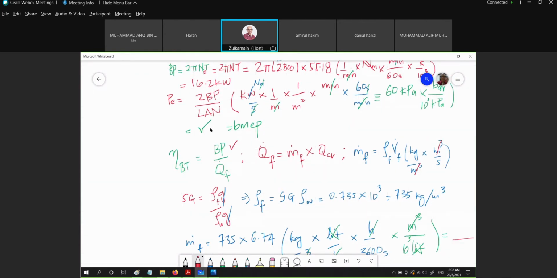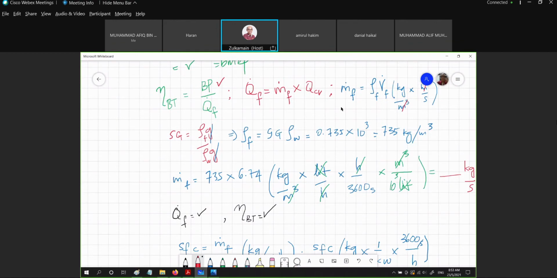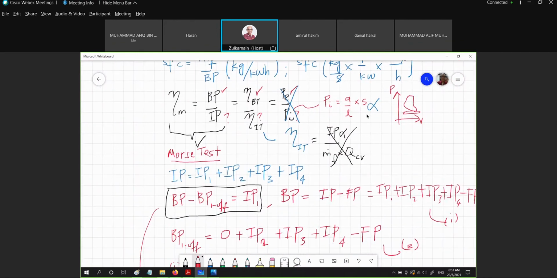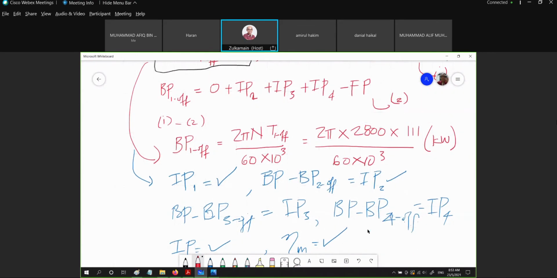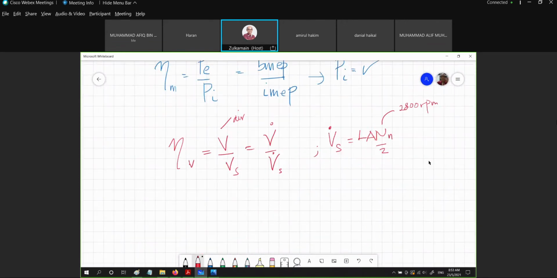Ya, bagi 2. Nampak ada 2 kan? Faktor 2 ni. Ya, saya dah tunjukkan tadi. Tengok IP ni kita ambil daripada enjin. Kita cuba dapatkan IP ni daripada enjin. But LAN ni ialah untuk enjin. So kita kena bagi 2. So please fahamkan betul-betul bila masa nak bagi 2, bila masa nak tak perlu bagi 2. Kalau 2 stroke tak payah.